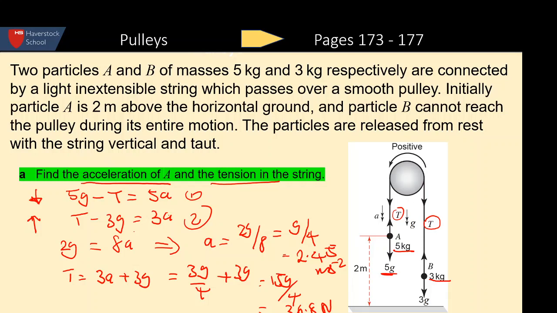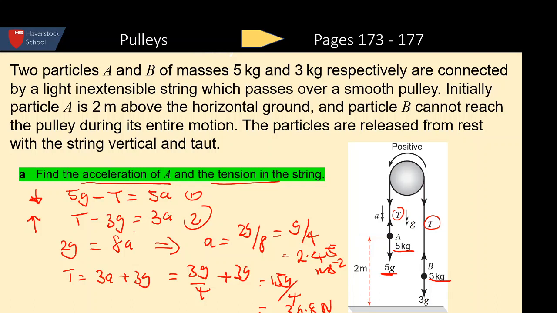Very simple. So what did I do? First, I resolved the forces on each particle separately. Going down, 5g minus T equals 5a. That's my first equation. Going up, the tension must be bigger than the weight 3g, so T minus 3g equals 3a. Equation 2.